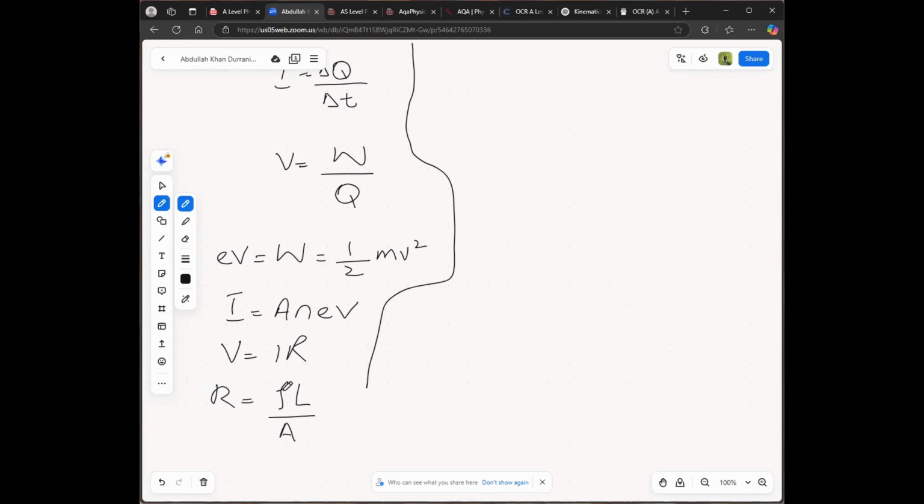For some things, the dependence on the temperature is not that much. For other things, you have more dependence on temperature, and those things we call thermistors. We can use them to control how much current flows through them at different temperatures.